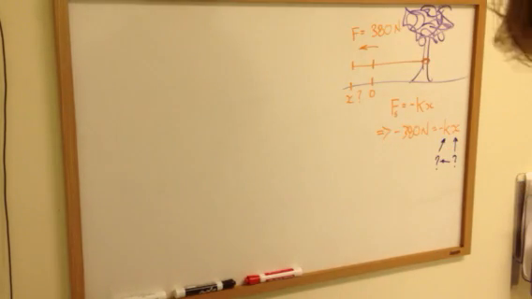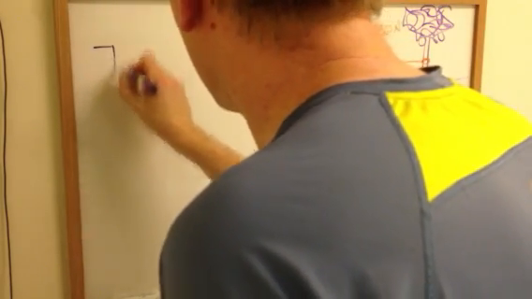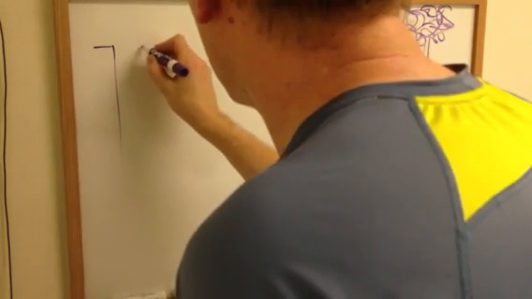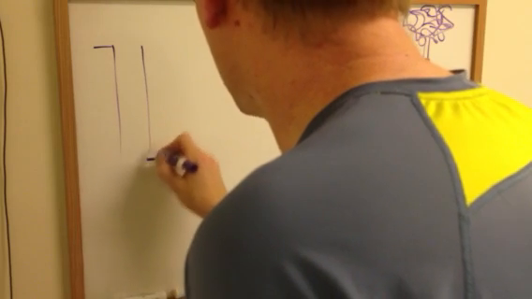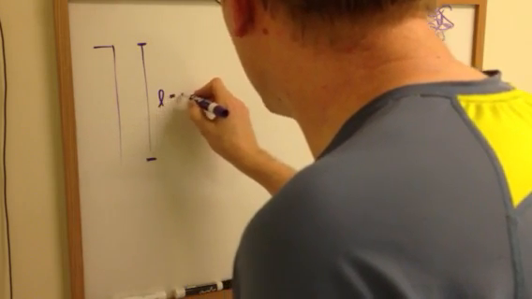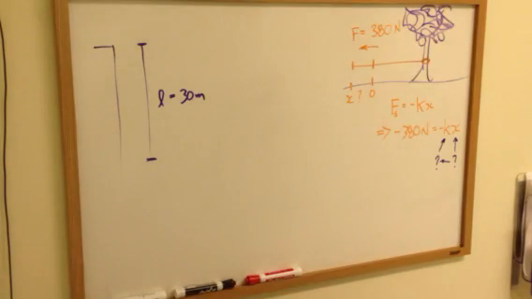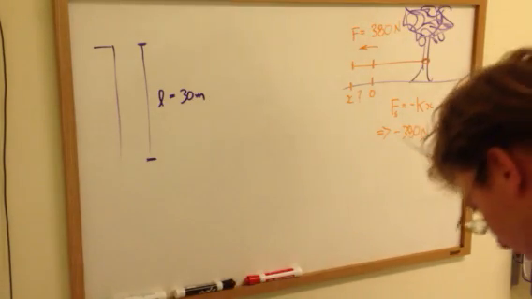A bungee cord is 30 meters long. So someone's going to jump from a cliff, say. The bungee cord is going to stretch out, in my case, 30 meters before anything even happens. You might have some different length.